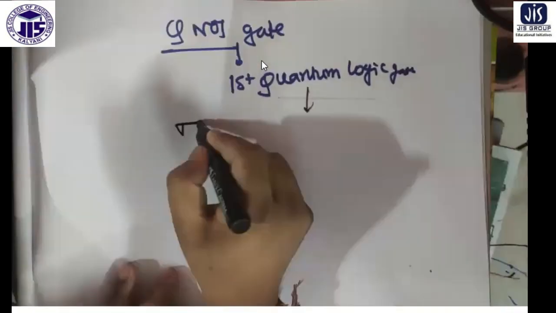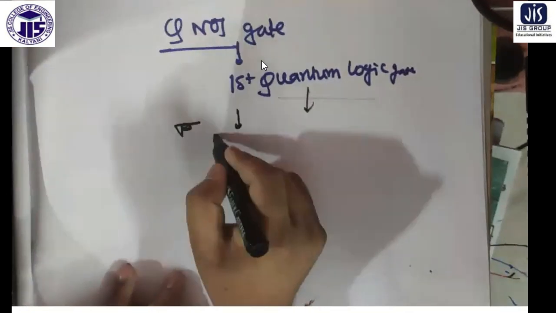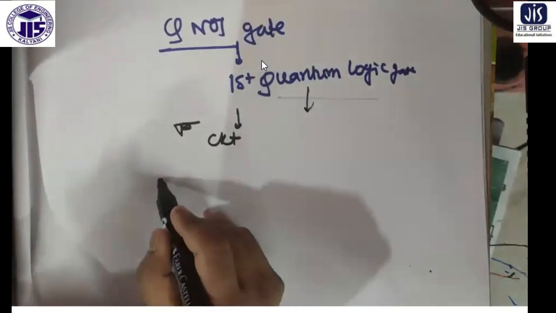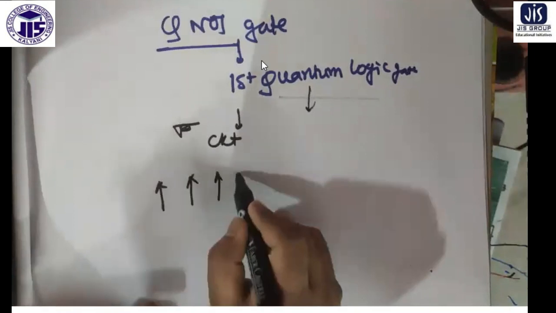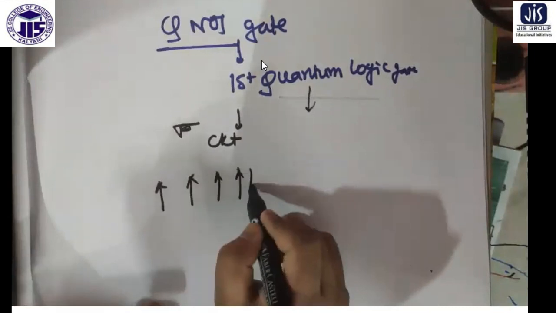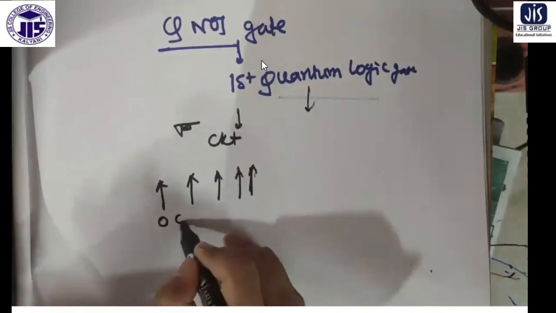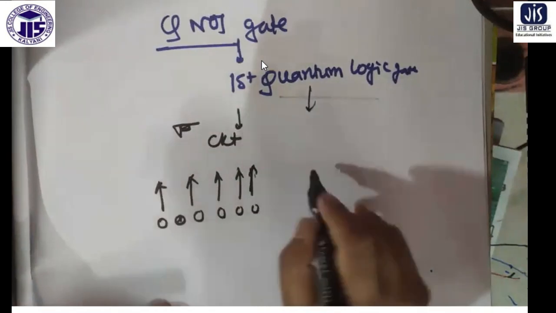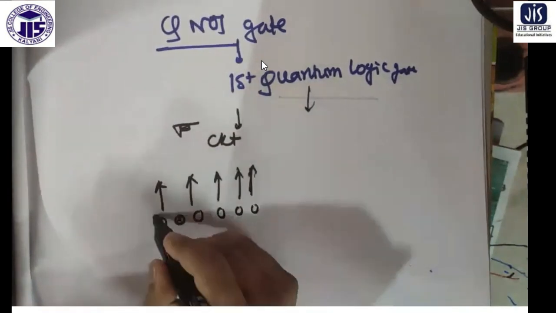This is like this sigma. How do you realize it? The related circuitry is that you need a system, suppose, with all electrons in up spin, say maybe all are in zero.